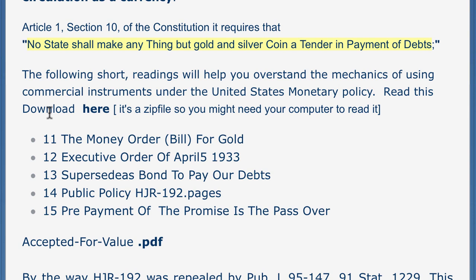Withdrew it from the United States. So that created the absence of the substance in the currency, and as a result, Congress passed HJR 192, and that was a bill that became law. Basically, it went through the congressional process to become law.